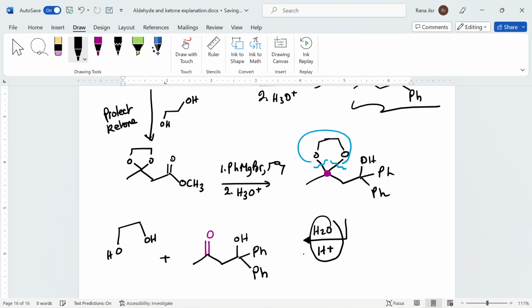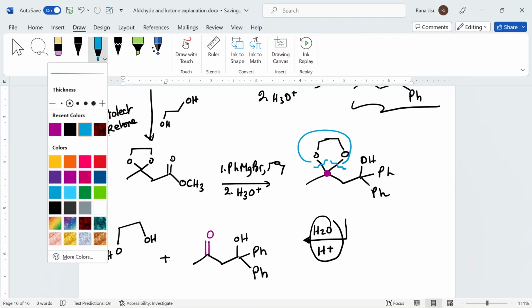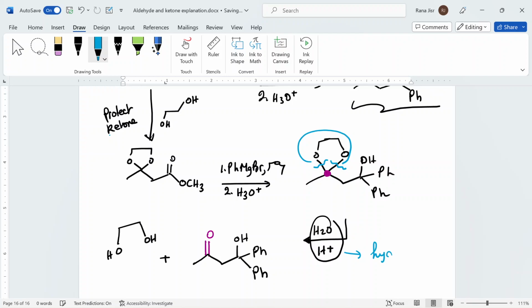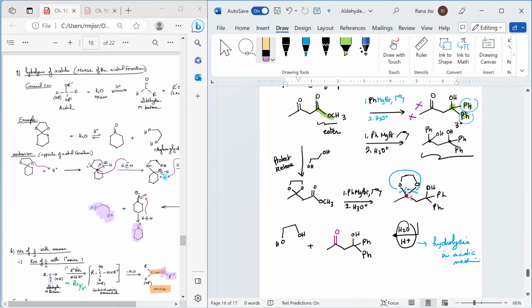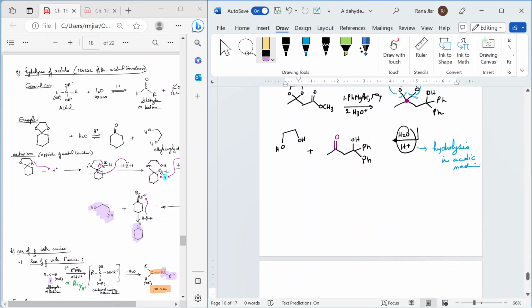So the reaction here is called hydrolysis of cyclic acetals in acidic medium. The mechanism of the hydrolysis of the cyclic acetals to go back to the carbonyl and the diol is found in your notes. Let's consider another example.